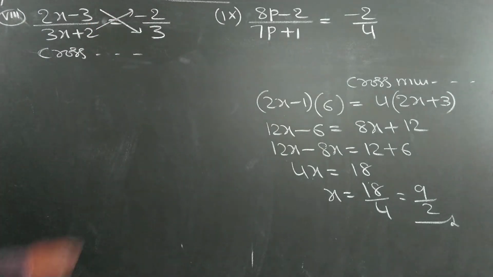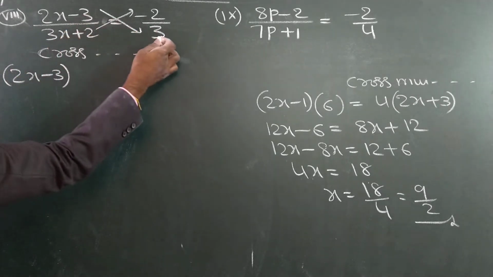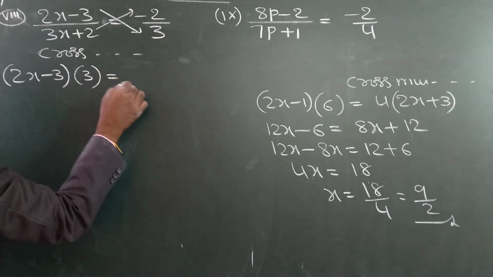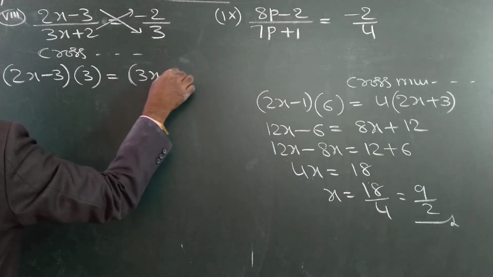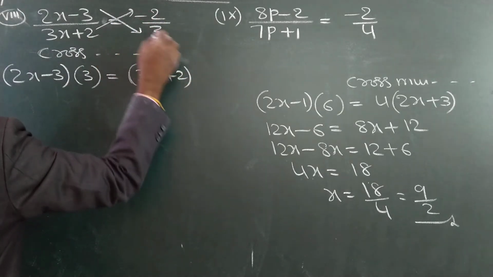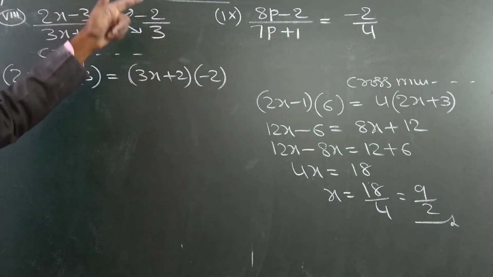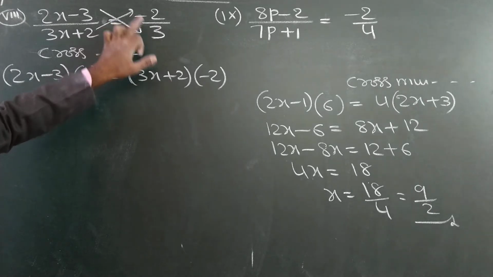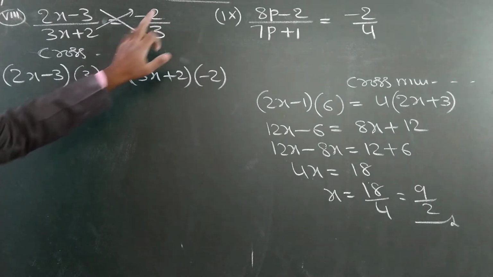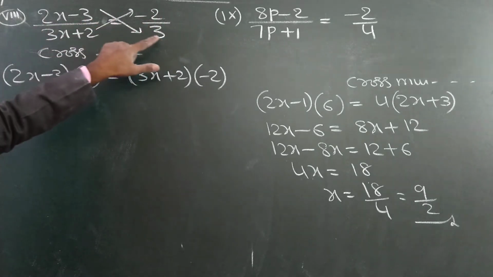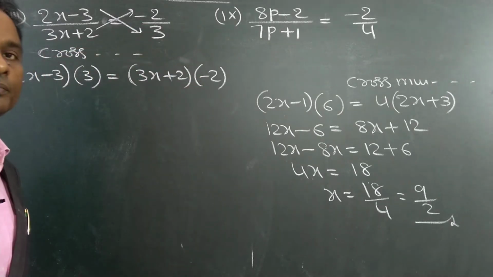Any order you can write. See here, 2x minus 3 into 3, and 3x plus 2 into minus 2. This minus, we have to use it for only numerator or denominator. Generally we use it for numerator. Don't write minus 3 here; this 3 is 3 only. Minus is only for 2. Like that you have to consider.